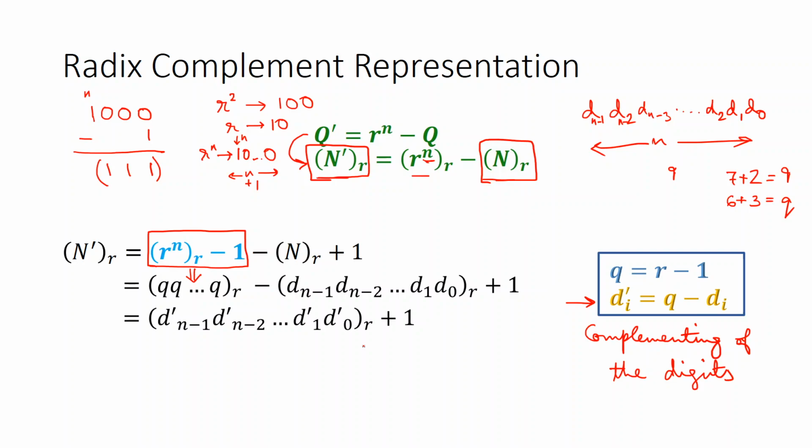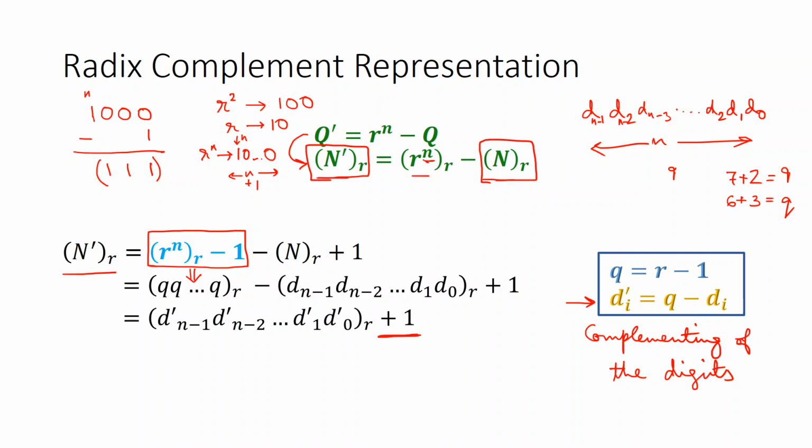So in binary you simply flip the bits and then don't forget to add this 1. This adding of the 1 is important because of how it is derived. So when you want to find the complement of a number, you are simply complementing each of the digits and adding a 1. That's all you are doing.